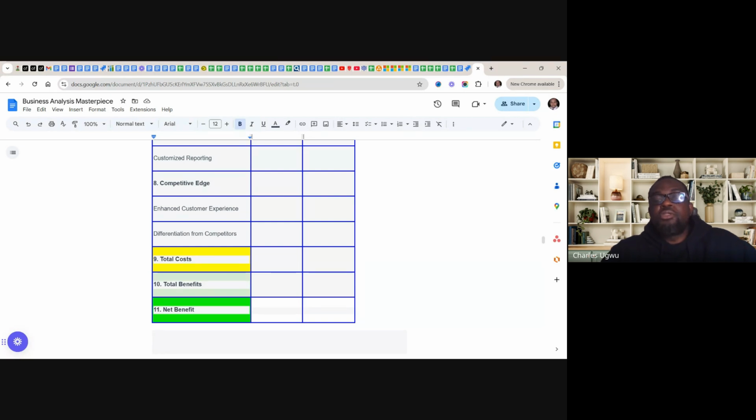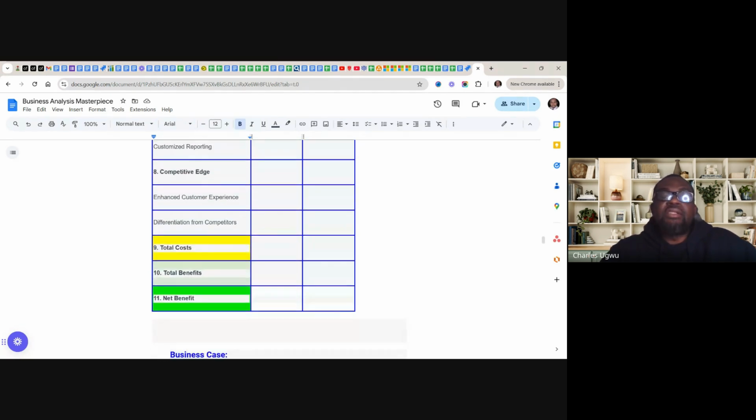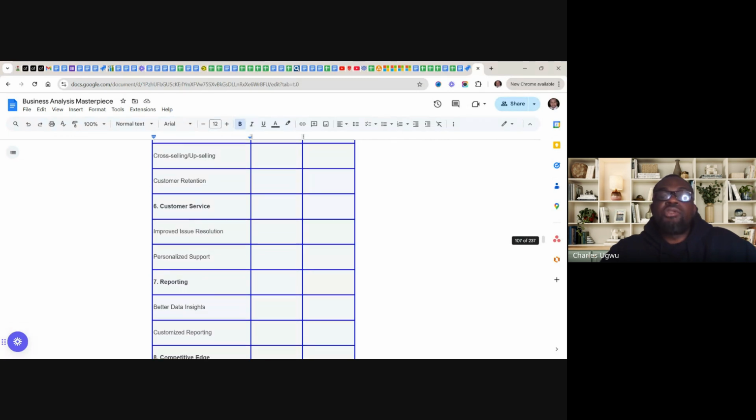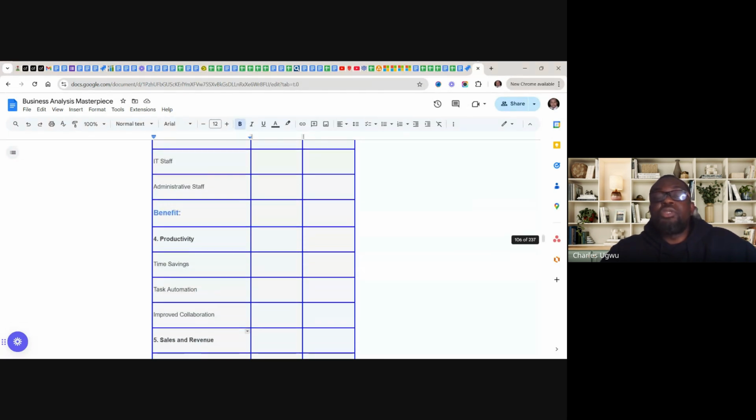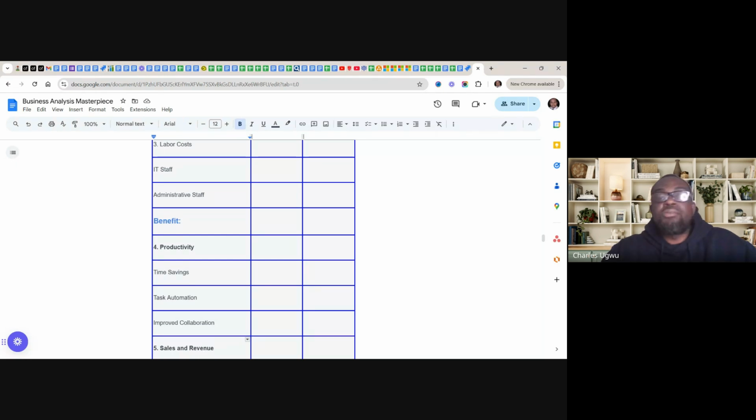proceed. So that is cost benefit analysis, and it's not a difficult situation: just capture cost, capture benefits, subtract cost from the benefit, and that's it. But the main thing is for you to understand the cost.